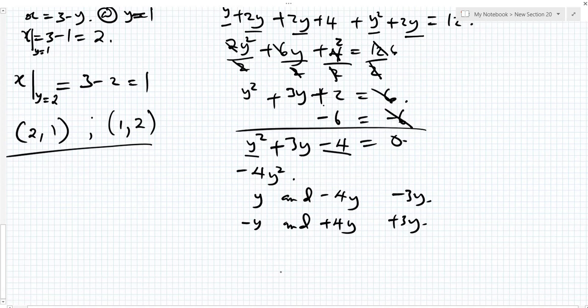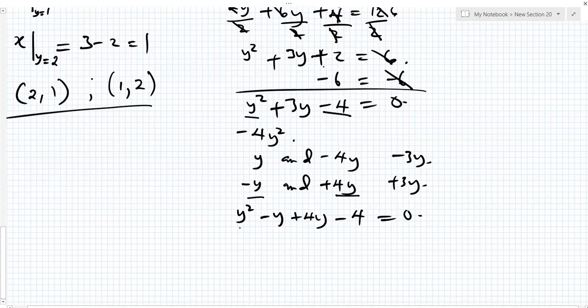So these are the factors of minus 4y squared. Now we replace plus 3y with these two factors, so you now say y squared minus y plus 4y minus 4 equal to 0.